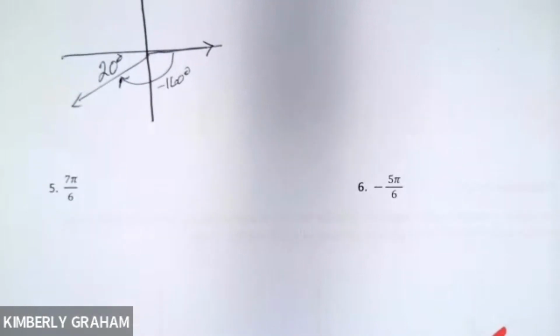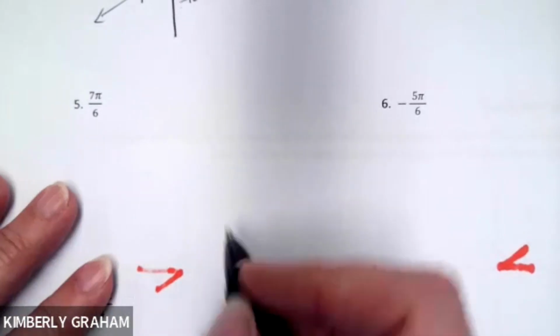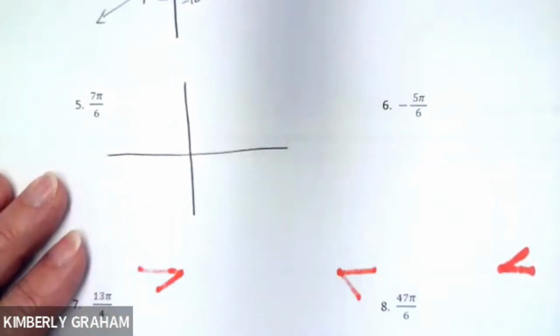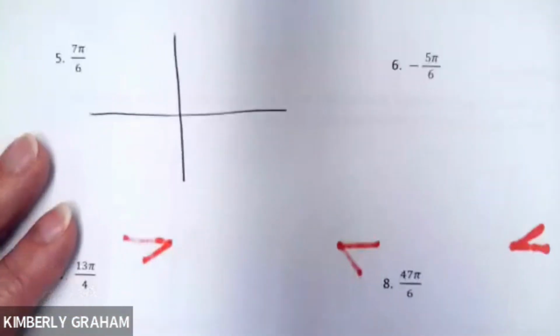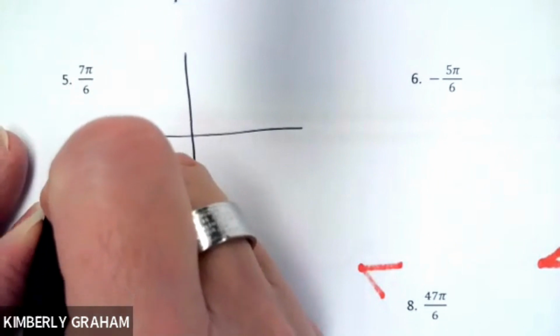So we're going to skip 4. Let's look at 5. Here we have 7 pi over 6. If y'all remember from the first problem from your test, we had to know how to sketch angles that were in radians. So I know that this is pi.